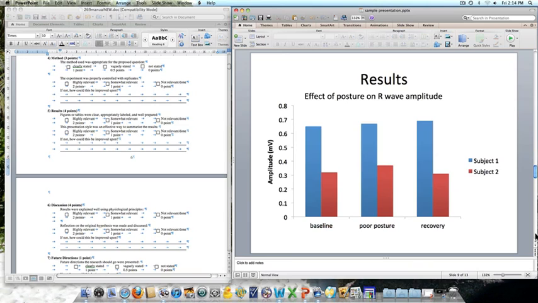And lastly, when we look at changes in R wave amplitude, there wasn't that much of a change when you compare the baseline with poor posture and recovery for subjects 1 or 2. The only thing though is that in subject 1, the R wave amplitude increased during each one of these periods.